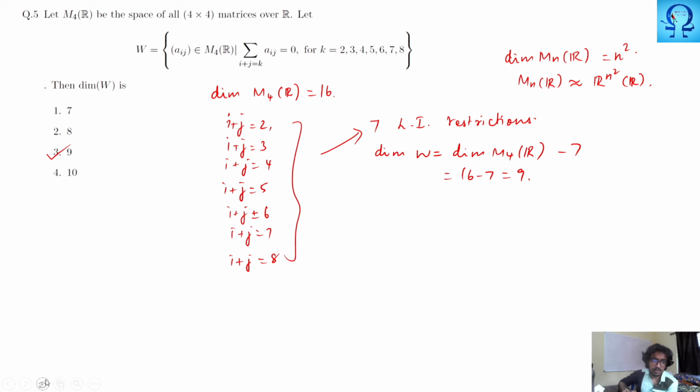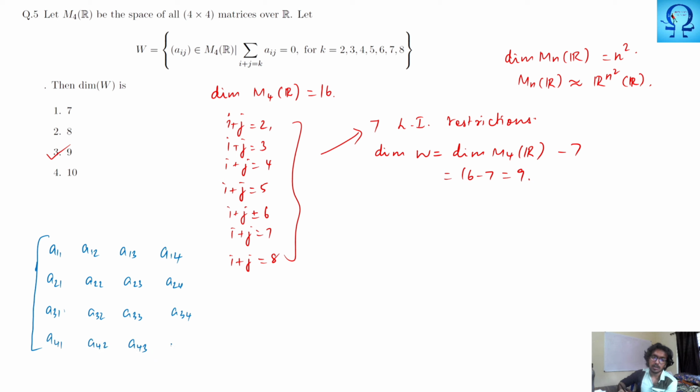The other way is to calculate this one. If you know the result, then you can very well make use of this thing. If you do not know the result, write down a matrix, any matrix, a general thing. a11, a12, a13, a14, a21, a22, a23, a24, a31, a32, a33, a34, a41, a42, a43, a44.